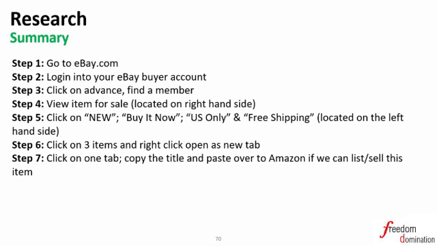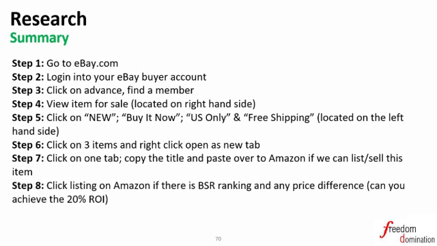Step 7, click on one tab, copy the title and paste over to Amazon to check if we can list or sell this item. Step 8, click listing on Amazon.